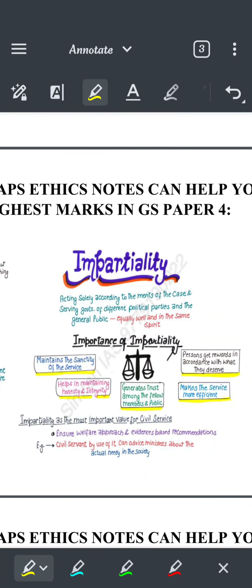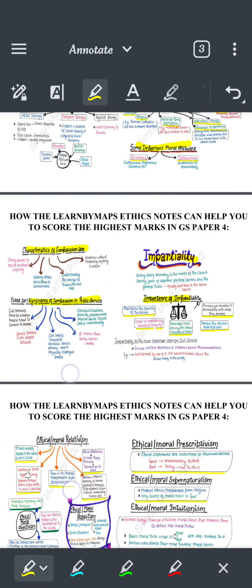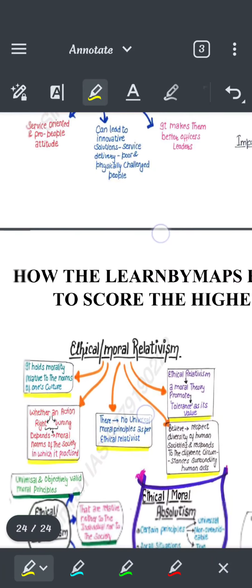And next is impartiality and the importance of impartiality. What are the factors on which impartiality depends, and why is impartiality one of the most important values for civil services? It has been analyzed properly, which will help you tackle any direct or indirect question asked on this topic. Okay, so next are the notes on ethical and moral relativism.